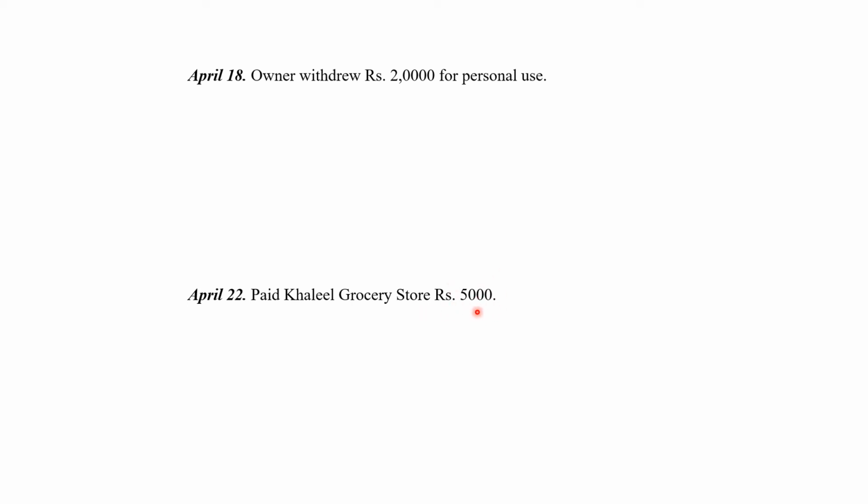So cash account, is it to be debited or credited? Credit what goes out. So to cash account it has to be. And debit the receiver. Who has received the money? Khalil's grocery store has received the money. So Khalil's grocery store account debtor to cash account. That is what the transaction will be.